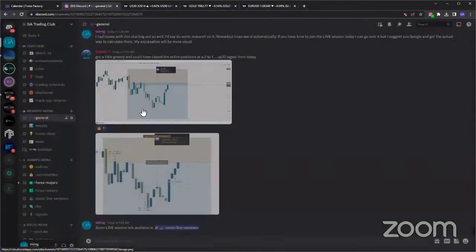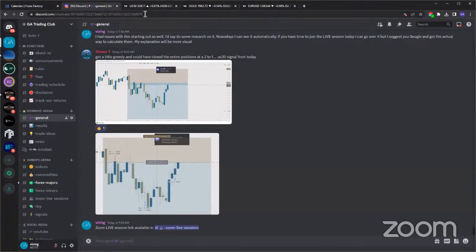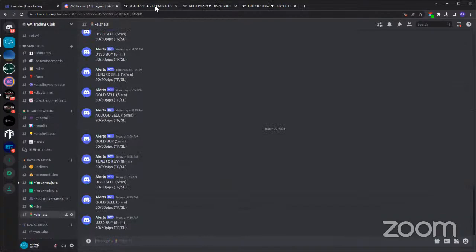I have an account where I'm testing every one of these signals. I'm currently testing the trailing stop. For example, if US 30 says 50 pips stop loss, 50 pips take profit, I want my AI to give US 30 100 pips take profit, and then trigger a trailing stop loss at 50 pips.